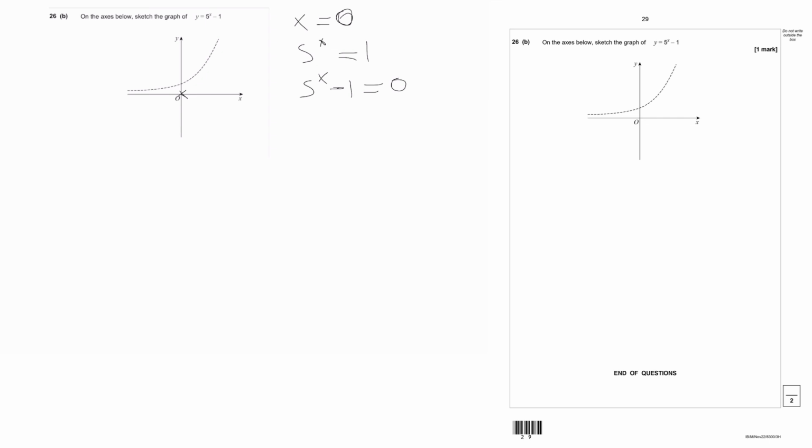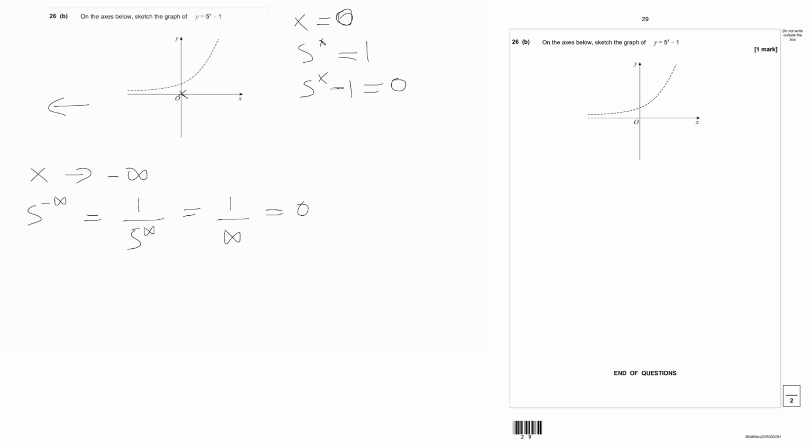And then if we think about it, as x tends towards negative infinity, i.e. goes infinitely in that direction, y equals 5 to the power of minus infinity, which equals 1 over 5 to the power of infinity. Well, anything to the power of infinity is infinity. So we have 1 over infinity, which is just going to be 0, so it tends to 0.